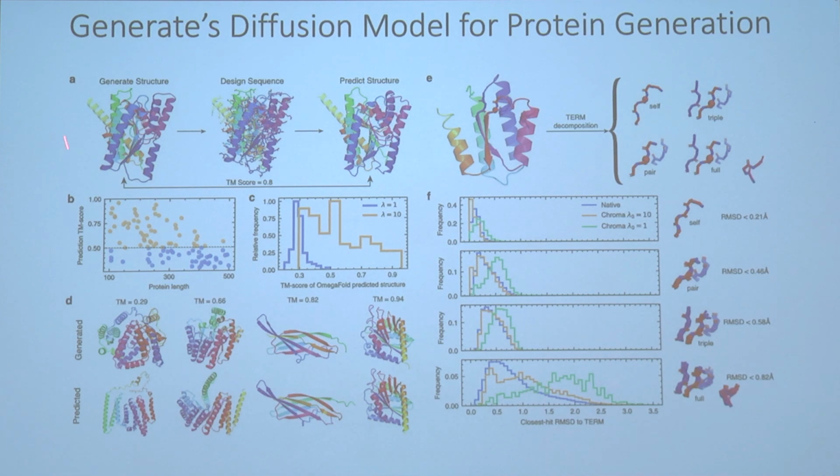And then what if I take my generated structure and compare it to the predicted structure? Well, maybe that tells me something about how well my model can generate structures such that they can be predicted with an independent structure prediction method, right?